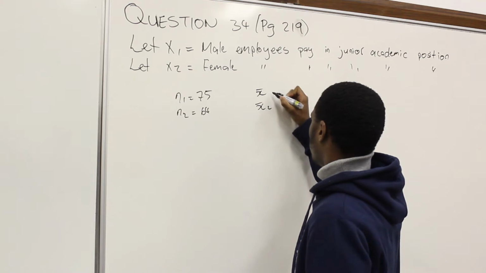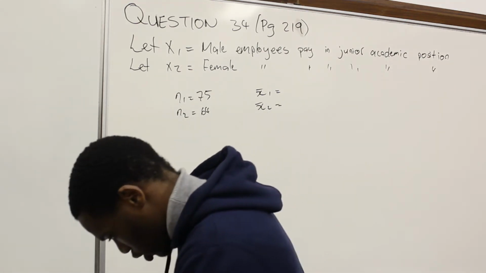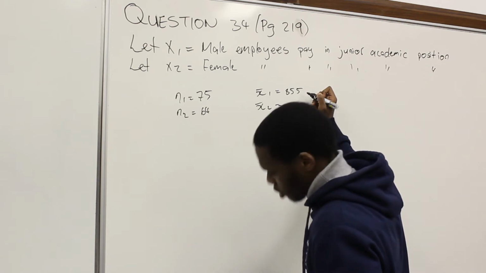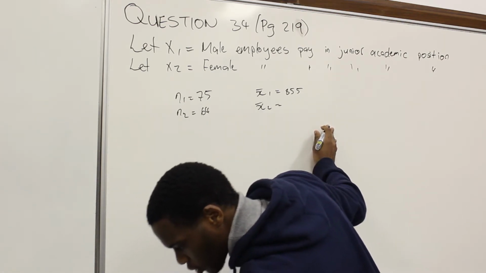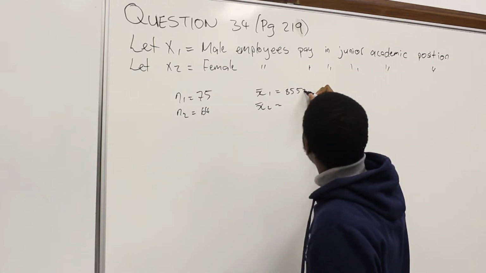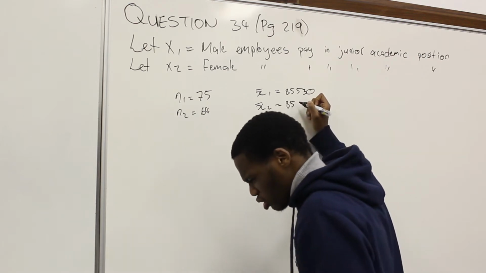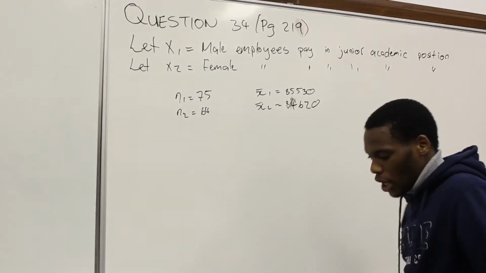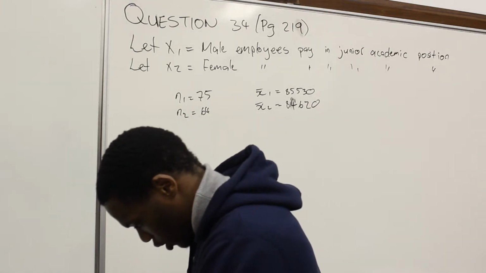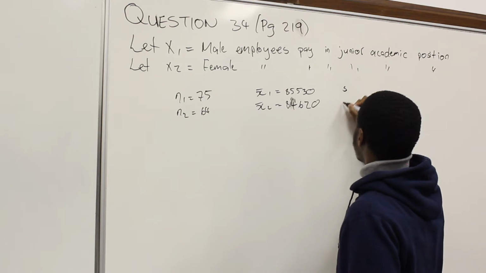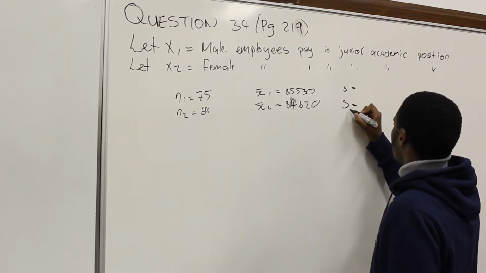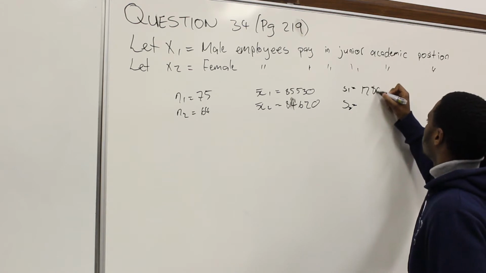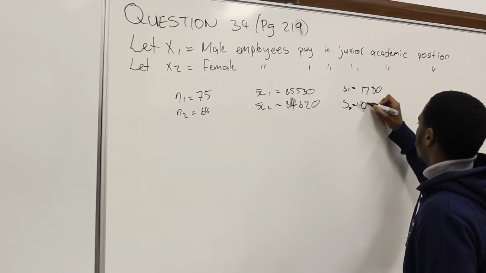The sample means, given in the table here, are 85,530 for males and 84,626 for females. The standard deviations, s1 and s2, are 1,020 and 1,218.